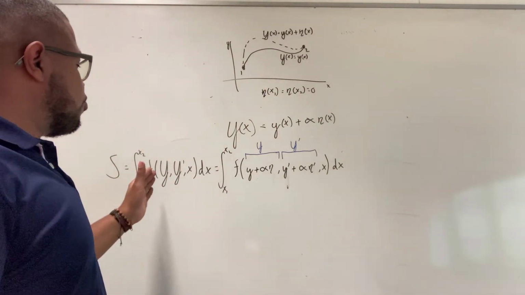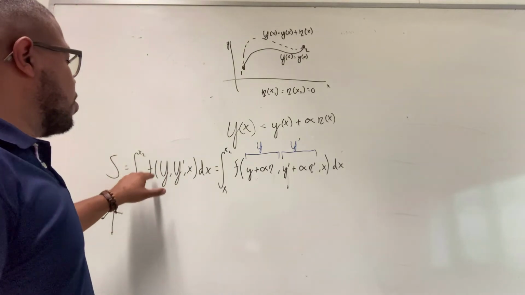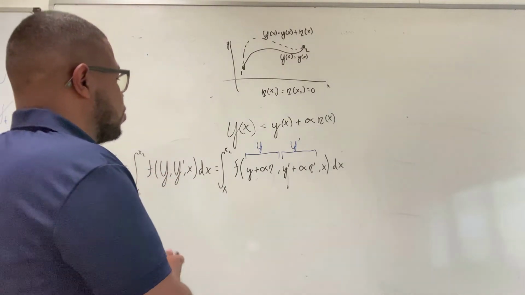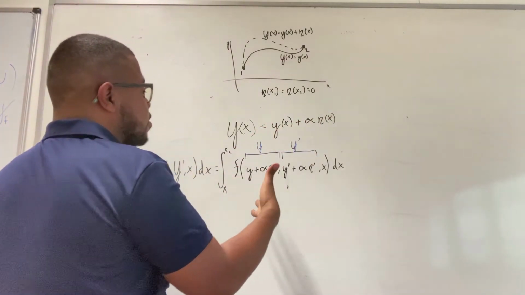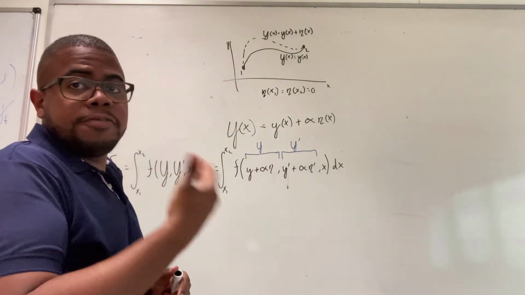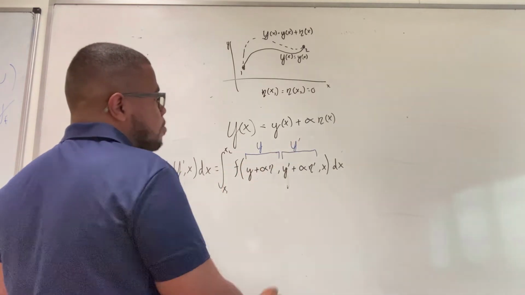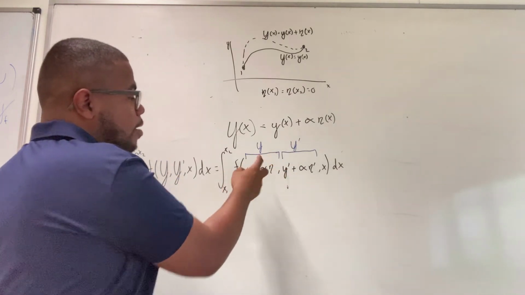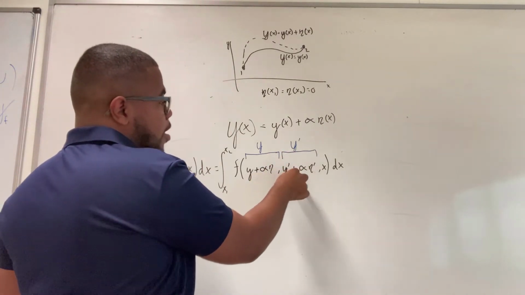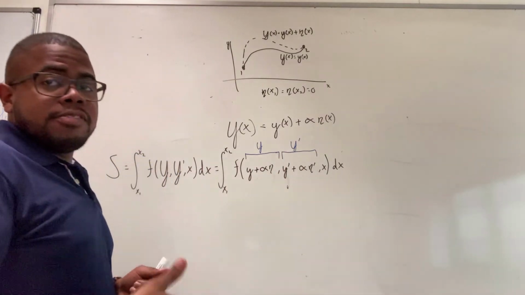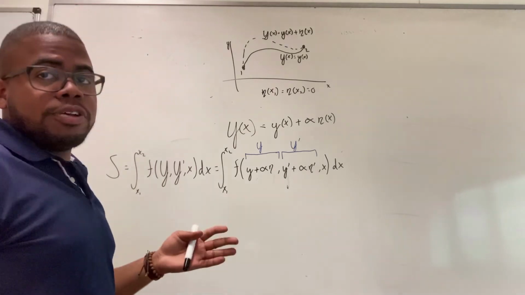And the thing which we write in our integrand is a functional that is dependent on Y prime and x. So we substitute the expression which we have for Y, and we find its derivative. Using the differentiation sum rule, we take the derivative of this, which is just y prime, and we take the derivative of this, where alpha is a constant, so we're left only with alpha multiplied by eta's derivative, eta prime of x. This is, in essence, the path which we're curious about.